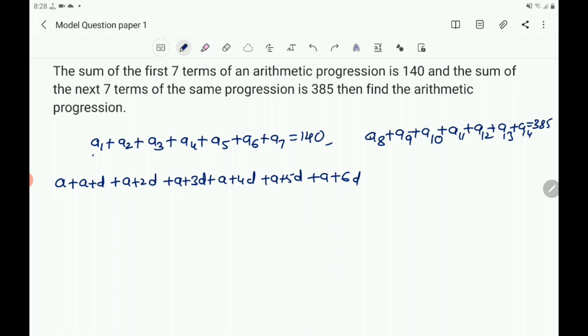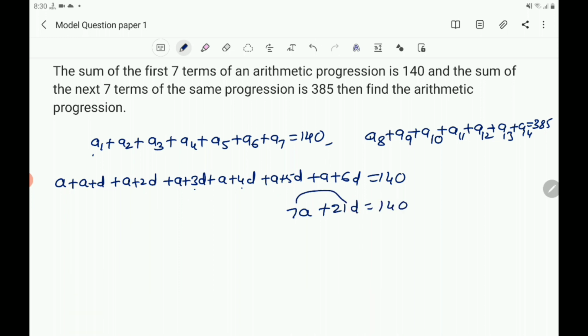That equals 140. Now you will get one relation here. So 1, 2, 3, 4, 5, 6, 7 A's are there. So you write 7A plus D plus 2D, 3D plus 3D is 6D, plus 4D is 10D, 15D plus 6, means 21D equals 140.